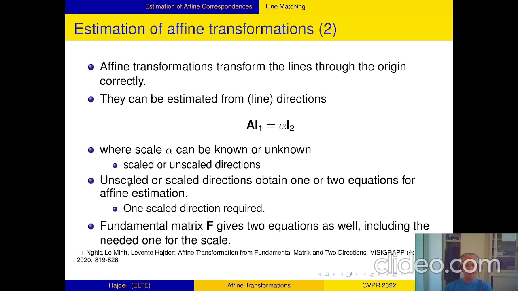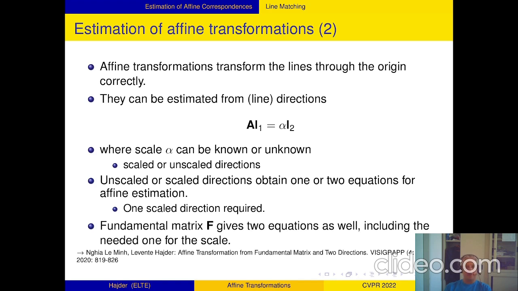So there are scaled and unscaled directions, and a very important thing is that we can apply the third row, which connects the affine transformation and the fundamental matrix, because it gives two equations as well. Maybe you remember that the third row connects the normal of the epipolar lines, and the scale itself can also be estimated if the fundamental matrix, the epipolar geometry between the two images, is known.